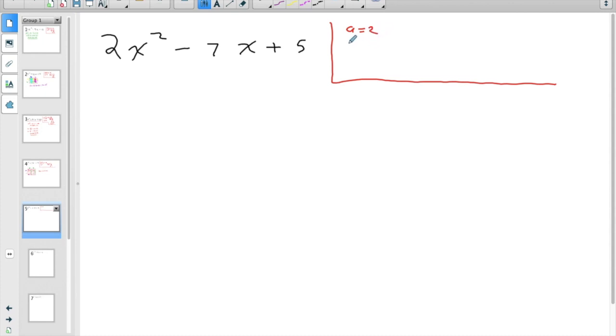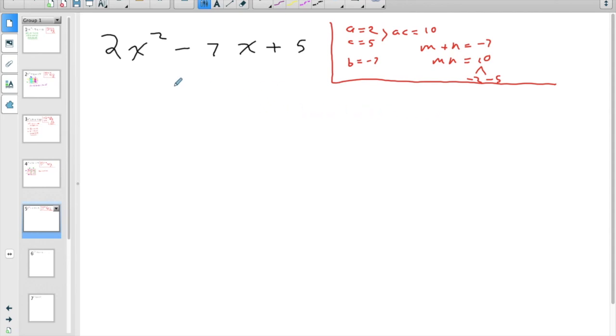Our A is 2, our C is 5, and our B is -7. A times C is going to give us 10. So we need two numbers that add to give us -7, but multiply to give us 10, and those two numbers have to be -2 and -5.